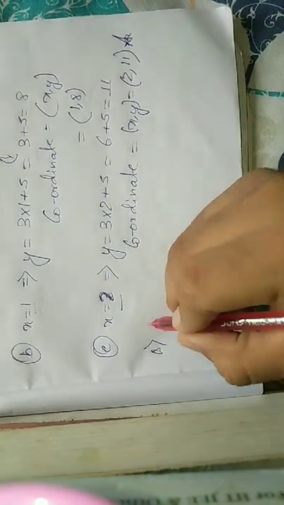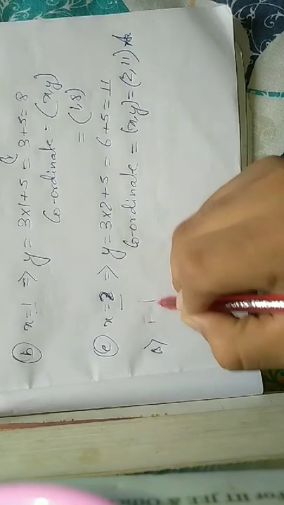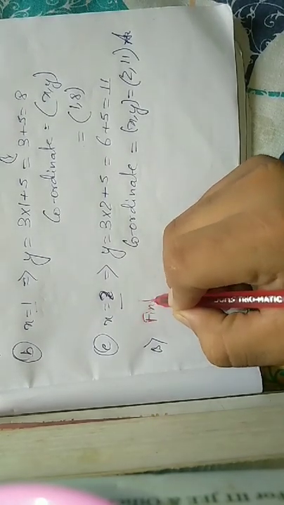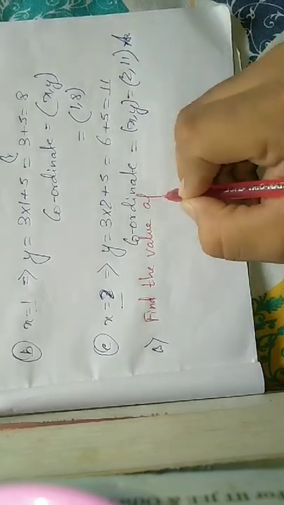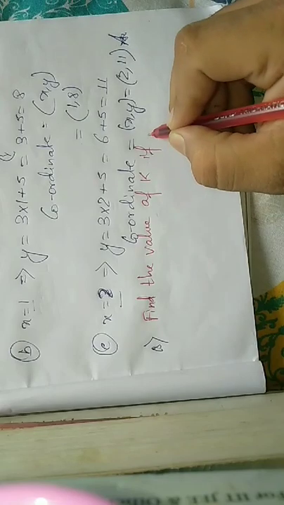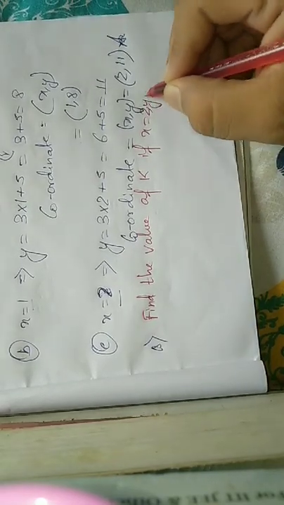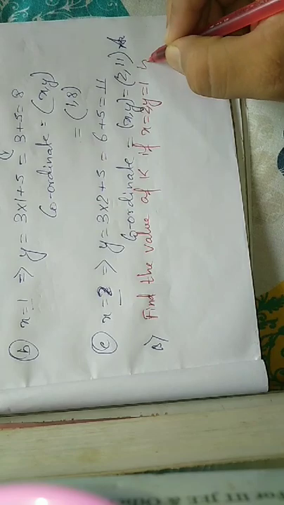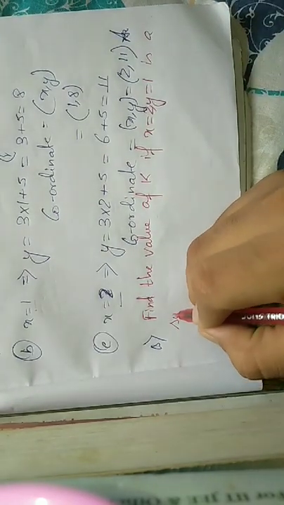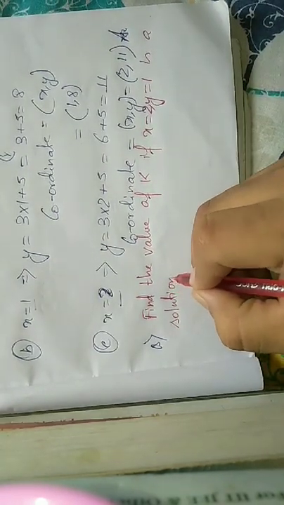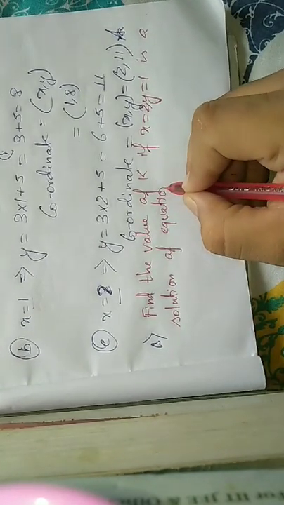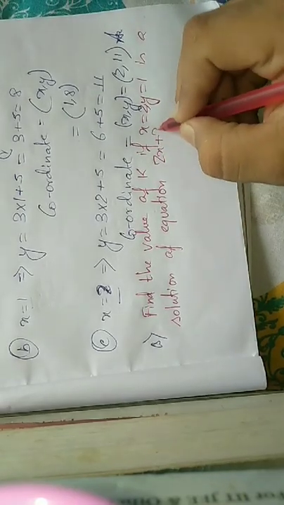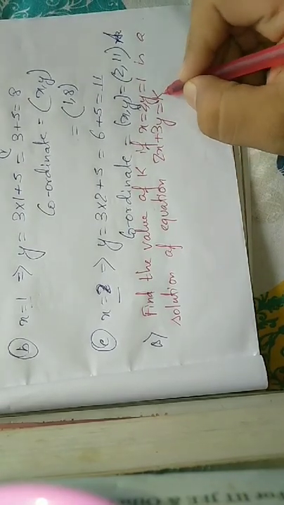Students, next we have a question. They're asking to find the value of k if x is equal to 2, y is equal to 1 is a solution of the equation 2x plus 3y is equal to k.